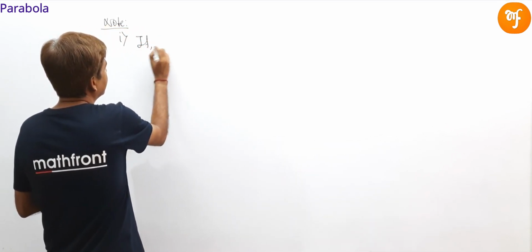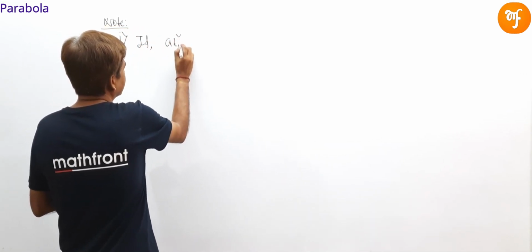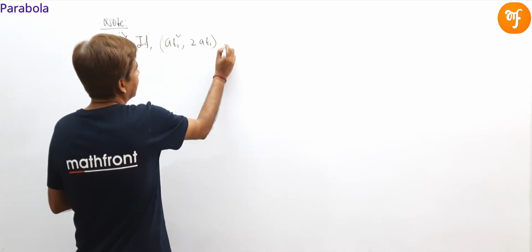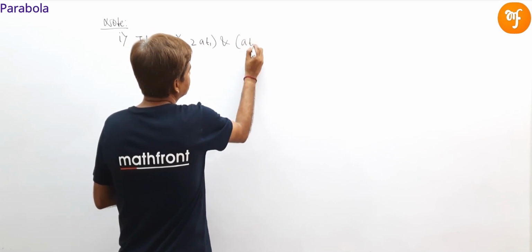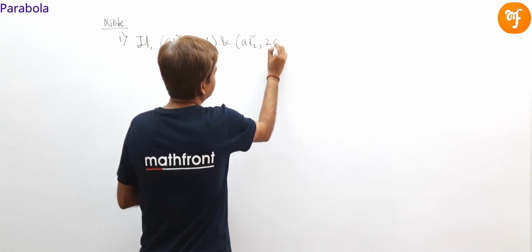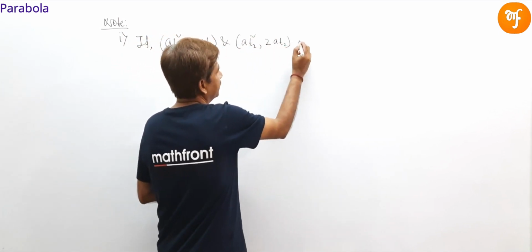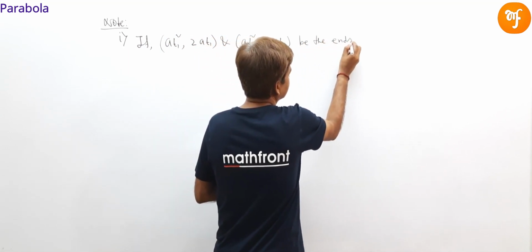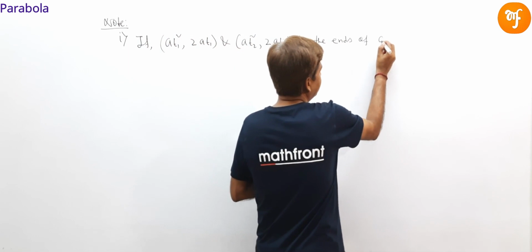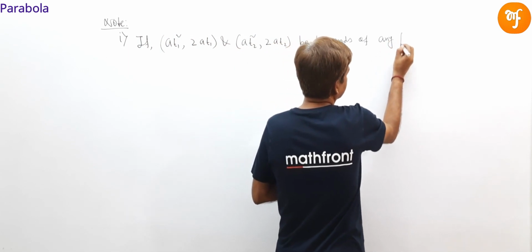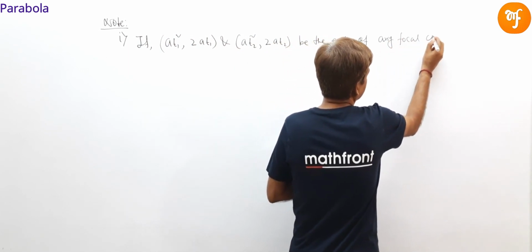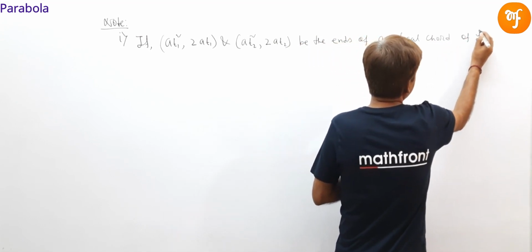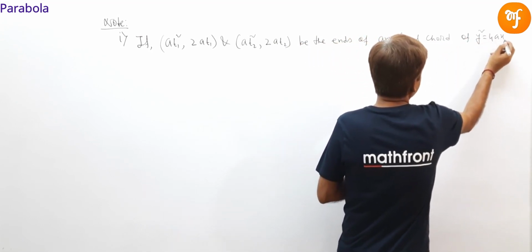If (at1², 2at1) and (at2², 2at2) be the ends of any focal chord of y² = 4ax.